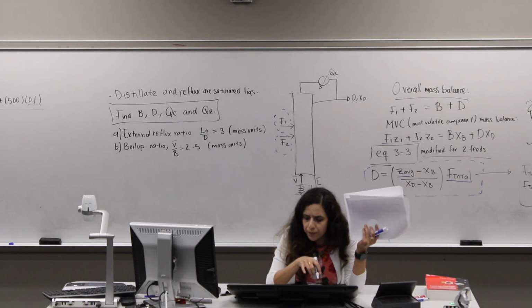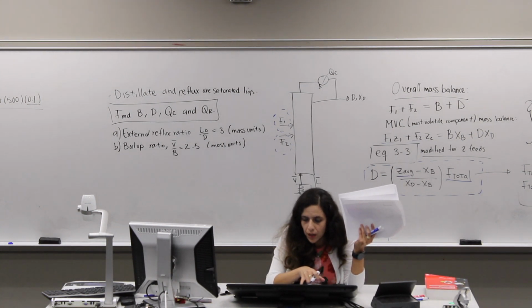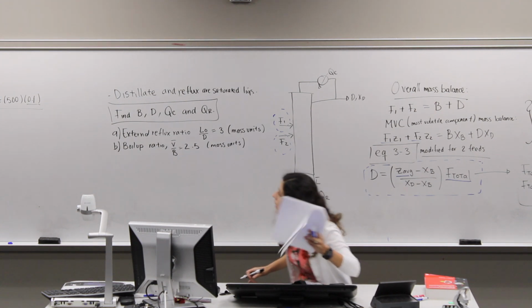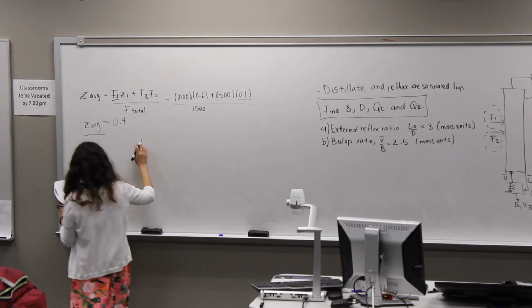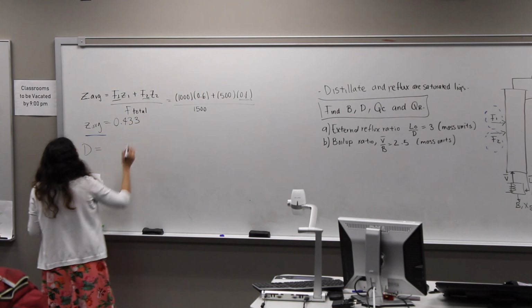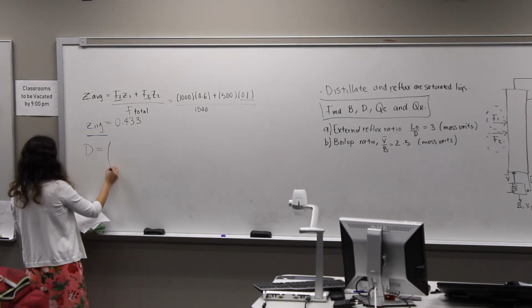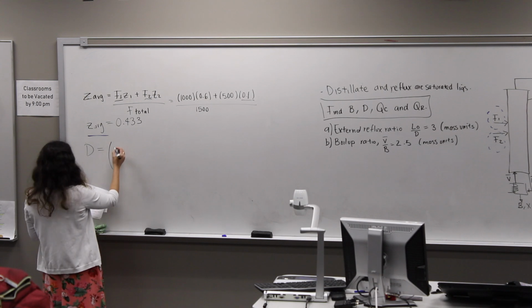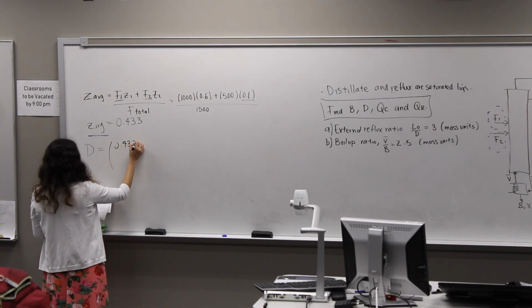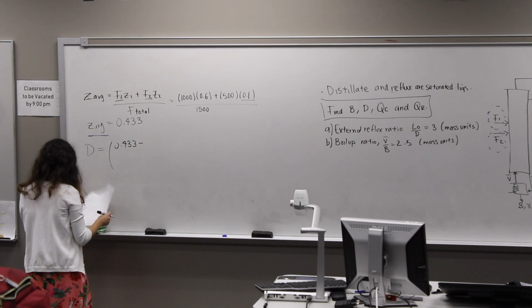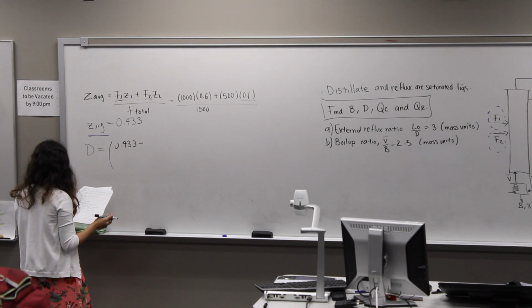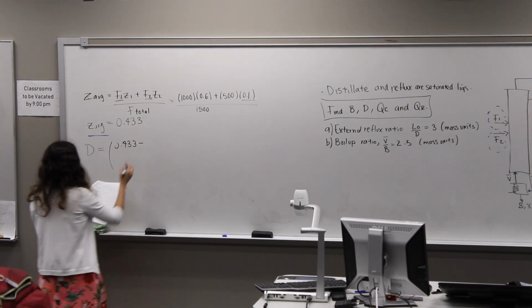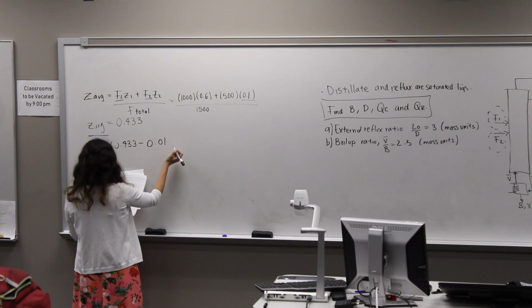So C1, first feed is 60% ethanol, 1000. Second feed is 10% ethanol, so 10 divided by 100 is 0.1. So how much is the distillate then? So distillate is gonna be that formula. That is the average minus ZB.